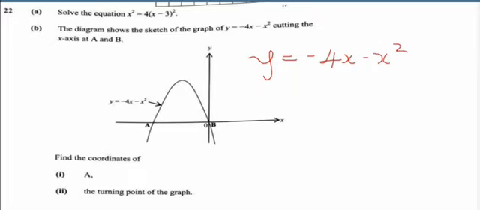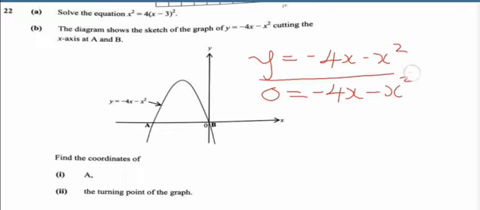So in the x-axis, y is equal to what? 0. So in the place of y, we are just going to put 0 so that this becomes an equation, which is 0 is equal to negative 4x minus x to the power 2. So this is the equation that we are going to use now to find the value for x.